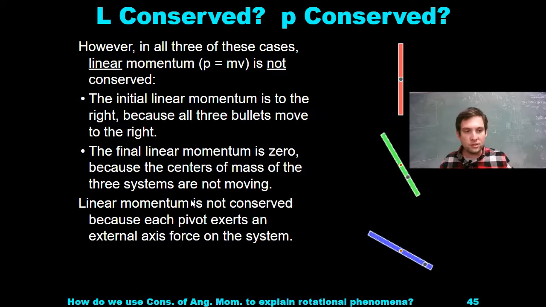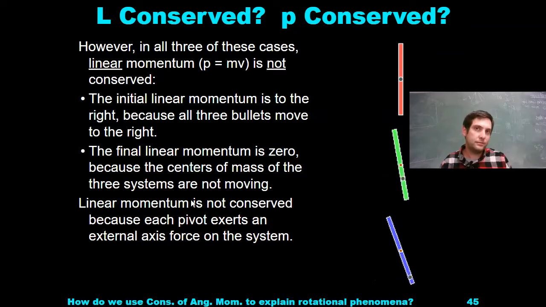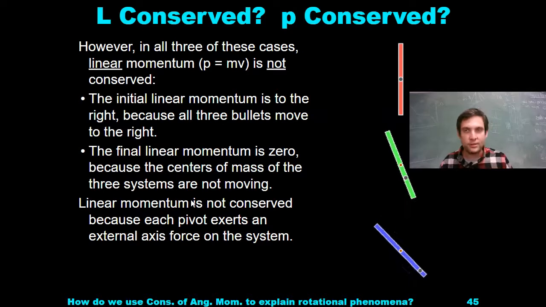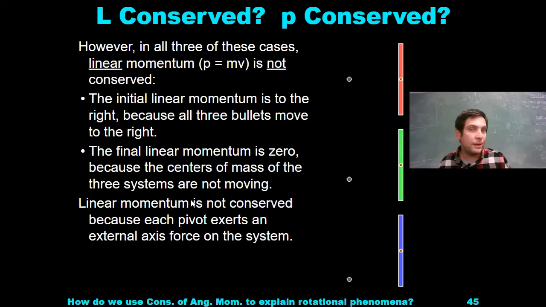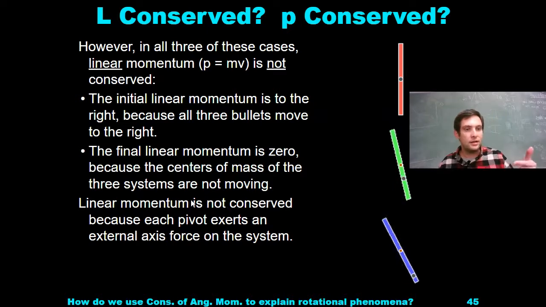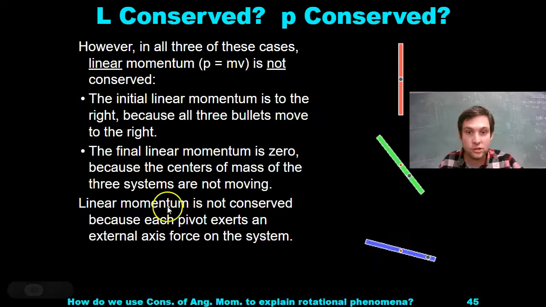Yes, momentum is always conserved unless you have an outside, external, unbalanced force acting on the system. And that's what we have here. The axis itself is applying a force. That's why it's able to rotate about that point, because there has to be a force applied at that point by whatever the pivot point is, the hinge, if you want.